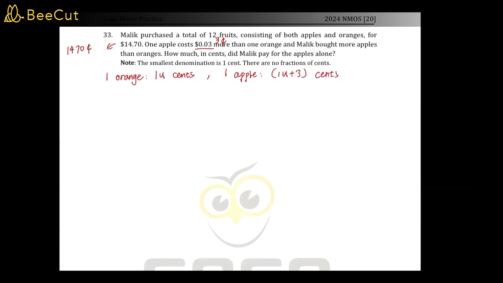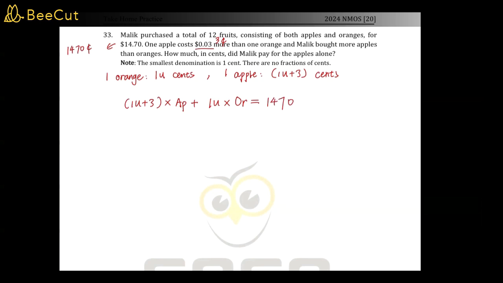So we can find the total number. So 1 U plus 3 times the number of apples. I'll just use A to represent number of apples. For the orange, this 1 U times the number of oranges, which I just use the letter O. So this adds up to 1,470.